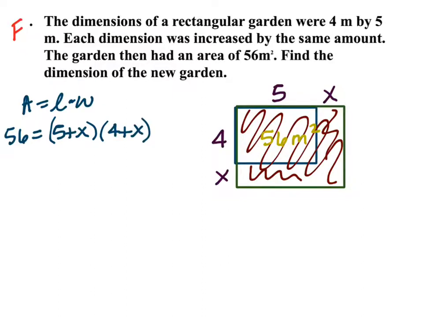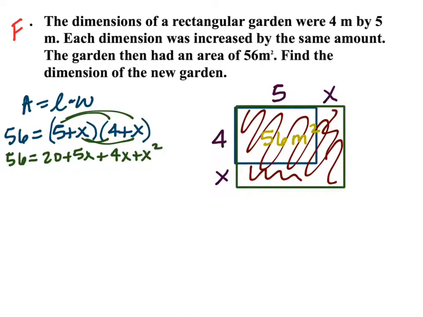Now I need to FOIL this and then go through the process of zeroing out one of the sides. When I FOIL, I get 56 is equal to 20 plus 5x plus, and I still need to FOIL the second part, which gives me 4x plus x squared.